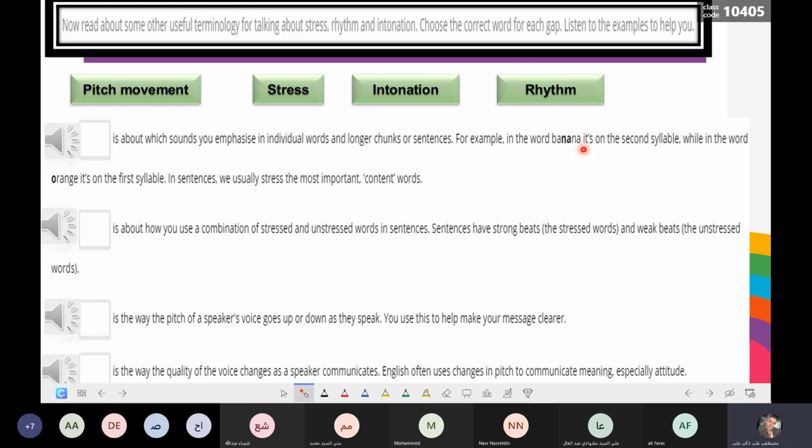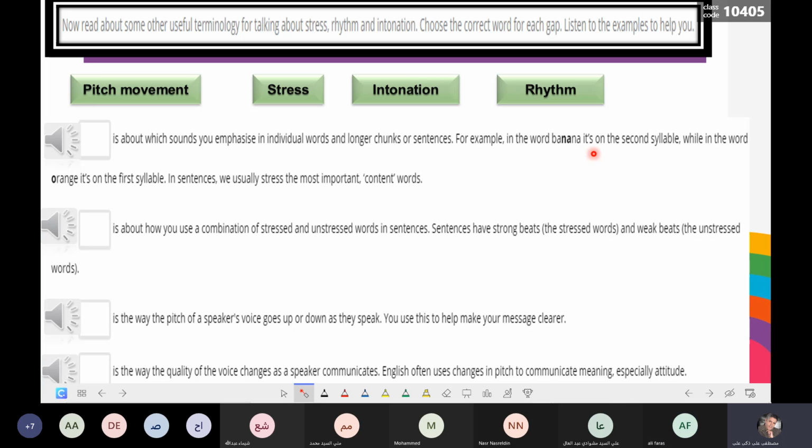If we are teaching young learners, we need not talk about intonation, pitch movement, rhythm, contraction, elision, assimilation. We won't give them the technology names, we won't give this information directly.